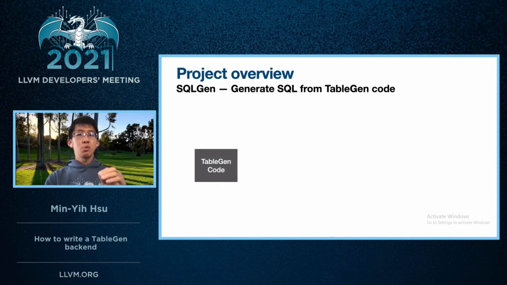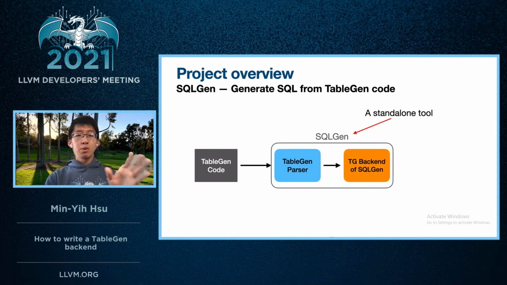So in this project, we're going to convert TableGen code into SQL, one of the most famous relational database languages. We have TableGen code as an input. Then our standalone tool, SQLGen, which contains our custom TableGen backend, will convert this TableGen code into SQL code.